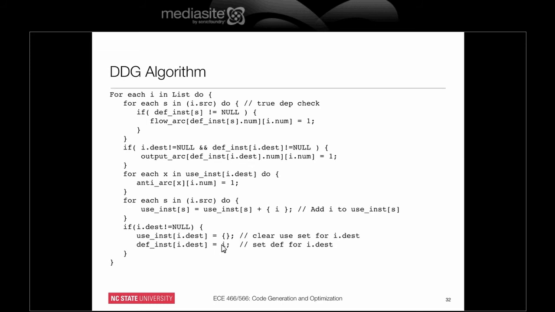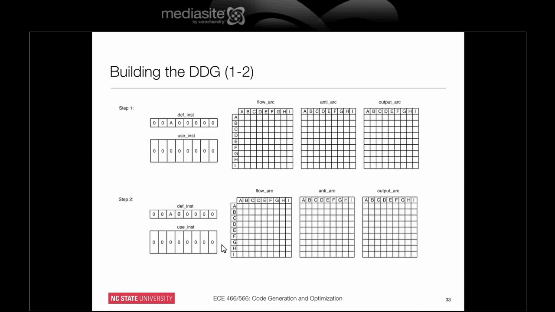Okay, and then that way, future instructions that use the register create a dependence to this instruction that we're currently analyzing. Okay, and we just do these steps for every instruction in the list, and this will build our data dependence graph for us. So I'm going to walk you through this.